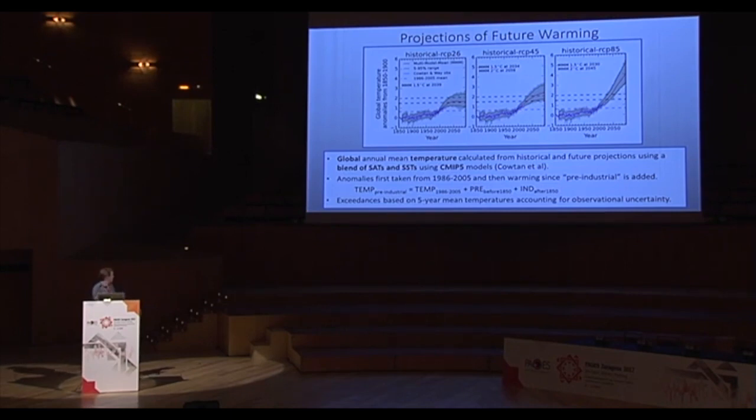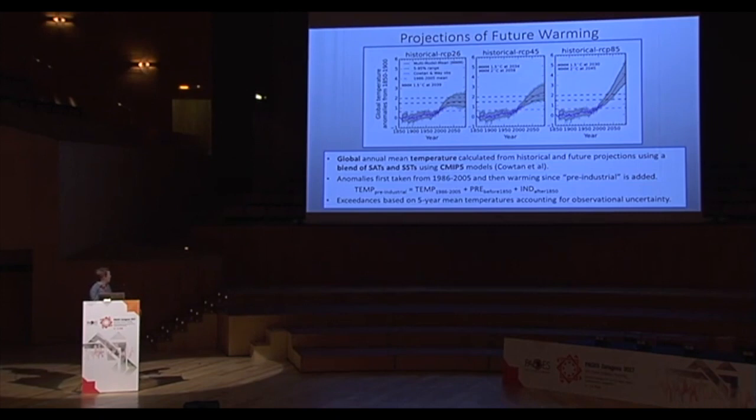Our setup is quite simple. We're interested in the temperature since pre-industrial. But first, we calculate temperature anomalies relative to 1986 to 2005. Then we add on the warming that we think has happened since pre-industrial. This is because we trust the observations more than we trust the models.